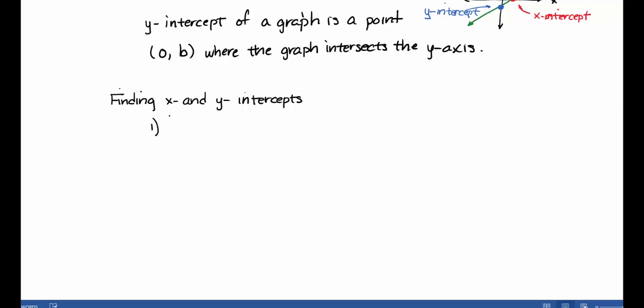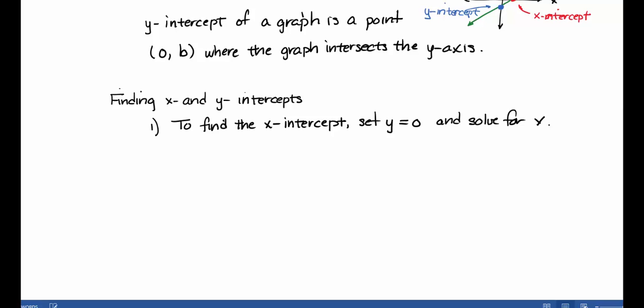We find the x-intercept by setting y to 0 and solving for x. Okay, so to find the x-intercept, we set y equal to 0 in our equation, and we solve for x.